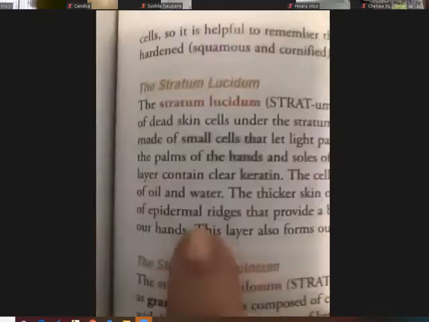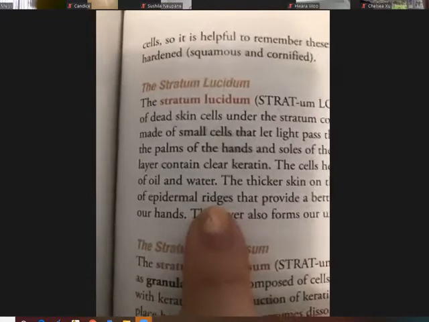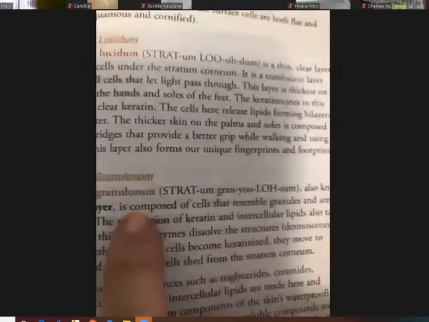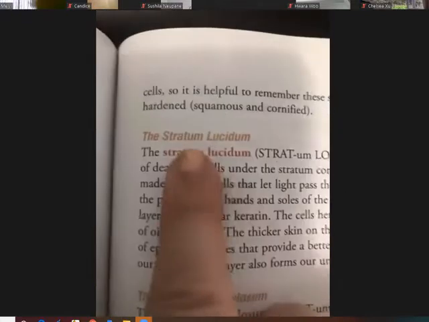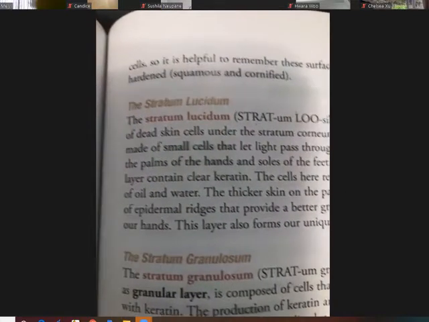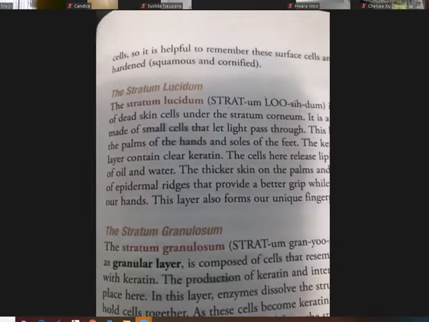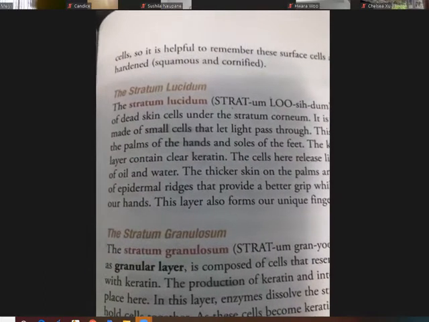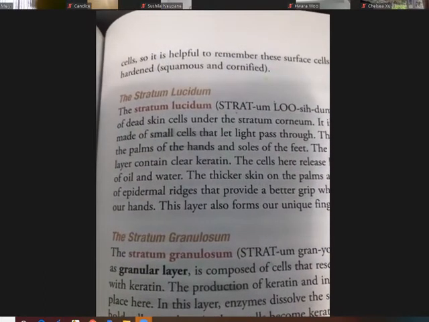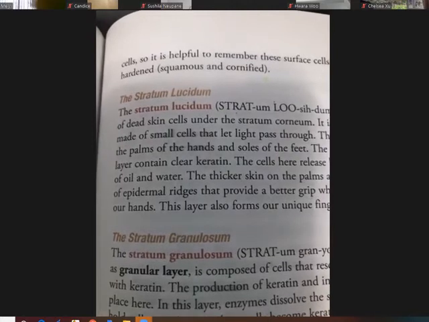Because of the epidermal ridges that form our fingerprint and footprint. So that's because of the stratum lucidum. 所以我们的指纹是从表皮层的第二层造成的。So our fingerprint is made from the second layer of the epidermis.